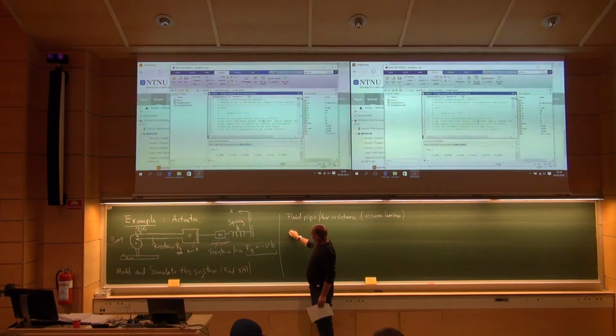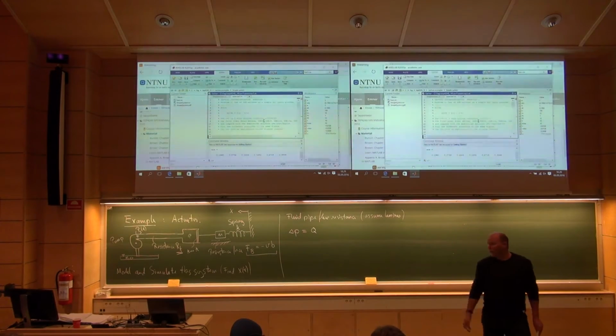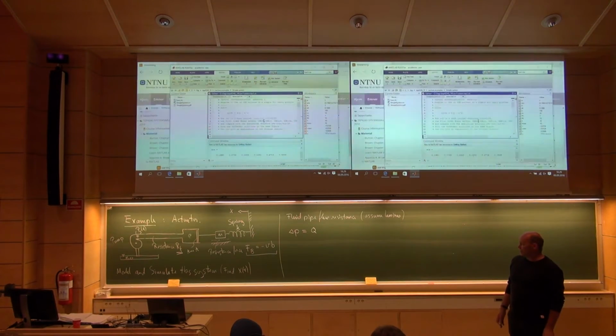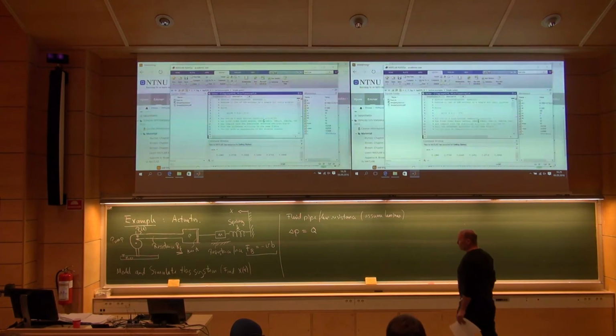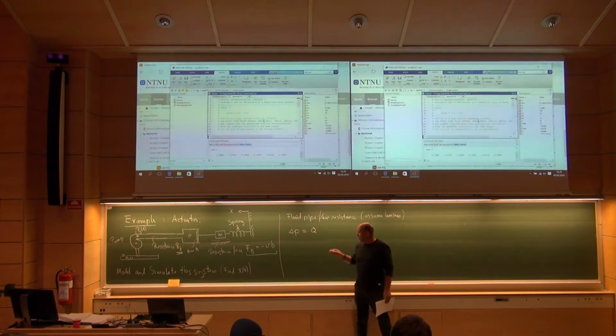Then from basic fluid mechanics, you should have learned the following. The pressure drop in a pipe flow, given that it is providing a certain volume flow Q, they are proportional. So the pressure drop is proportional to the velocity of the liquid in the pipe. If it's turbulent, then typically this will be to the power 2 or 1.7 or 1.8 or something like that, and you have a turbulence model into it, here lambda.